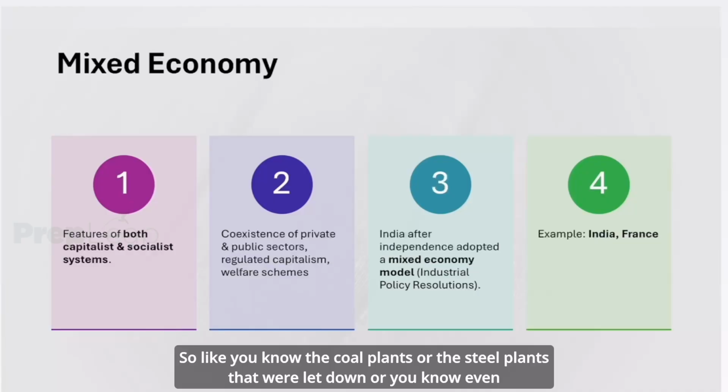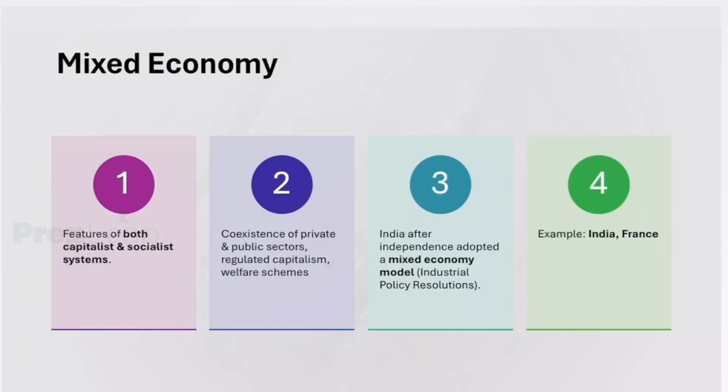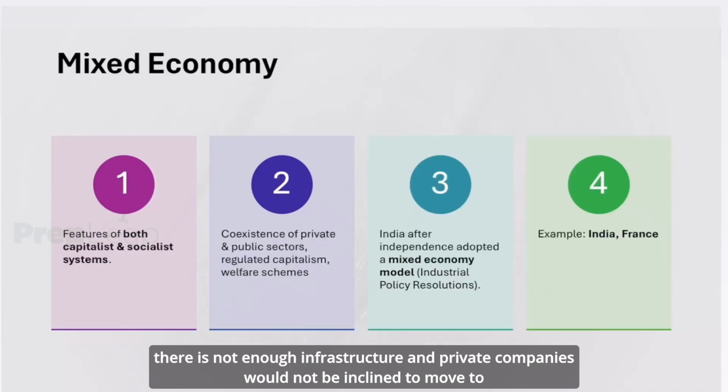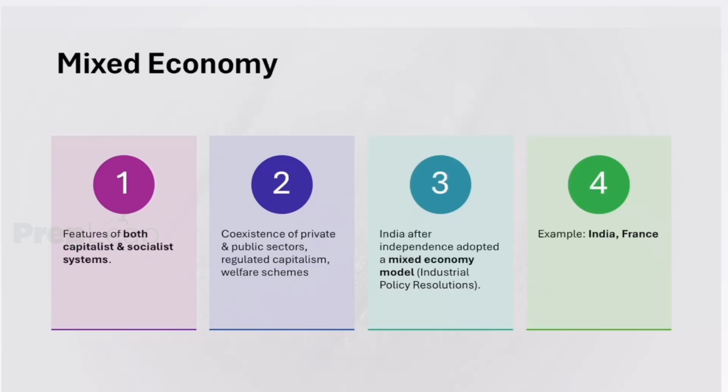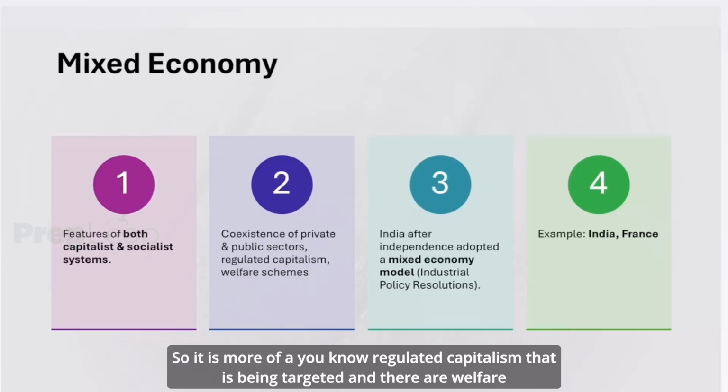Like the coal plants or the steel plants that were laid down, or even government setting up dams and all these things. Even in areas where government felt there's not enough infrastructure and private companies would not be inclined to move, the government set up the facilities themselves. So it is more of a regulated capitalism that is being targeted.